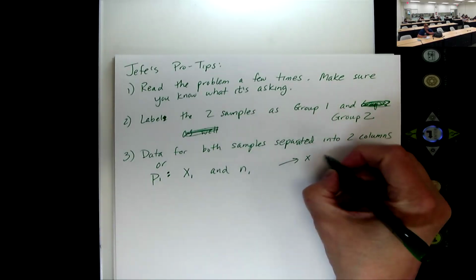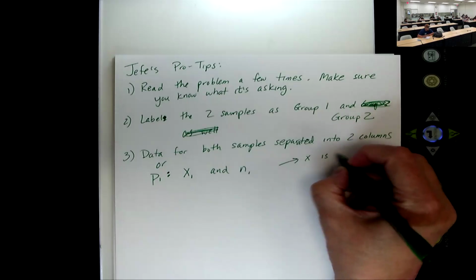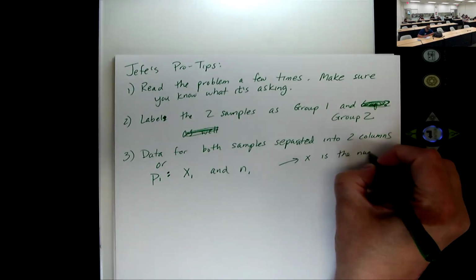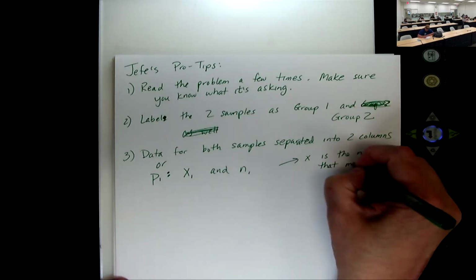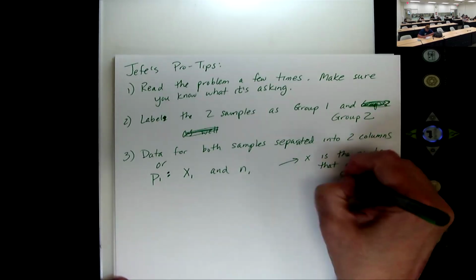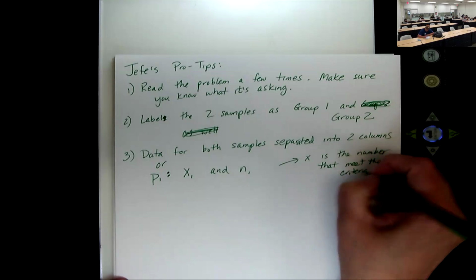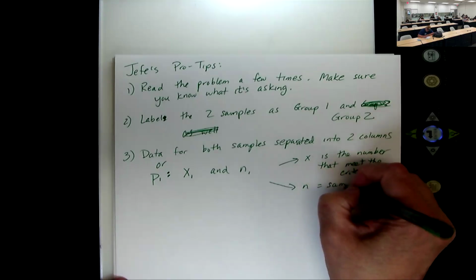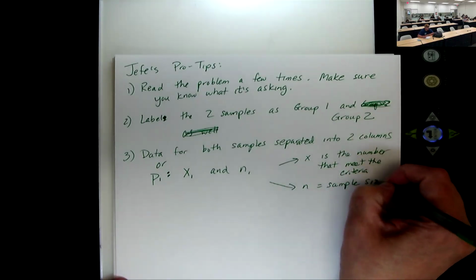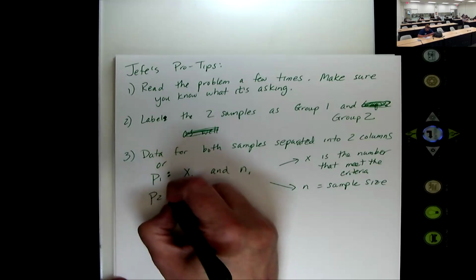X, as you recall, is the number that meet the criteria, or whatever you're asking, said yes. And N is the sample size. And then they'll want the same thing for P2.